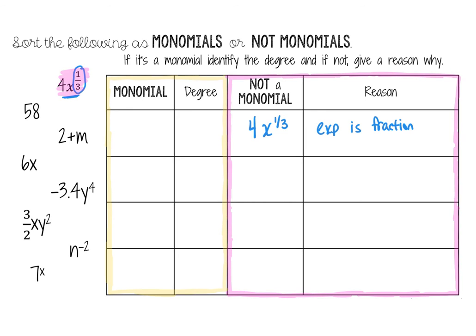Let's look at the next one. We'll look at 58. Is 58 a monomial? Yeah, it is actually. It can be a constant, a term. A term can be a constant, a variable, or the multiplication of those two. And so this actually is a monomial. Now we have to look at what the degree is. So this one's a little tricky.